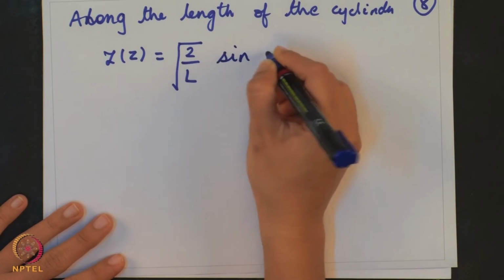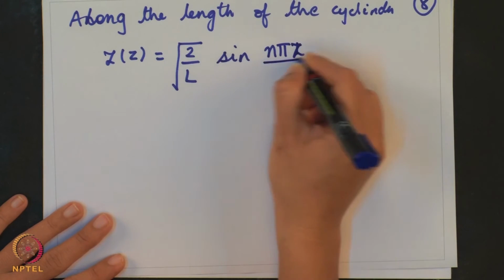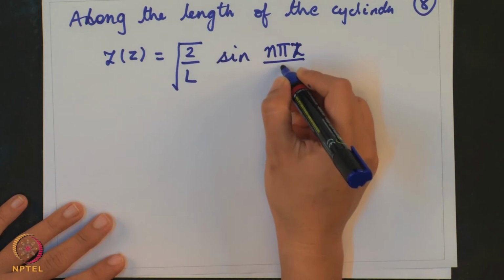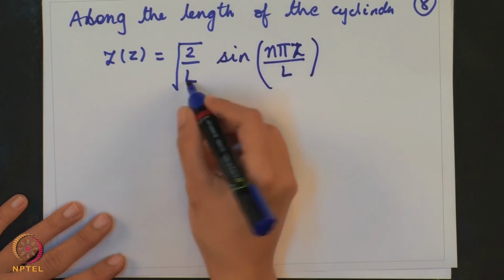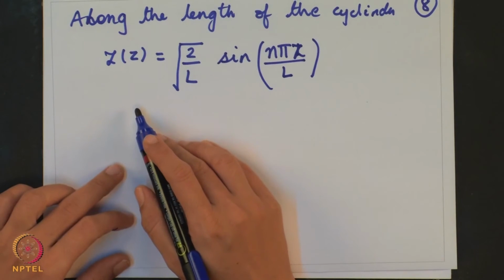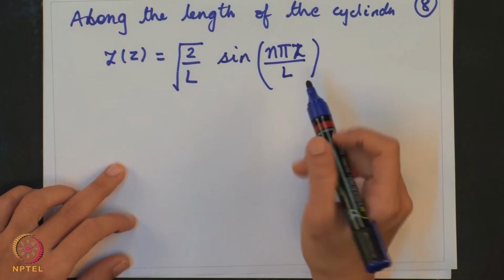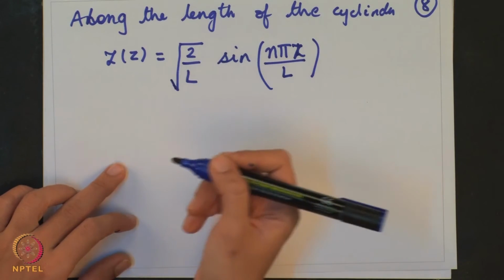This can be written as n pi z by the width, that is L. This is the standard way of representing the wave function for a particle in a one dimensional box.